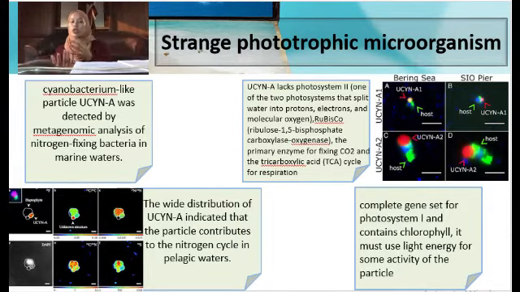The wide distribution of UCYN-A indicates that it contributes to the nitrogen cycle in pelagic water. UCYN-A actually undergoes photosynthesis 1, and it does not undergo photosynthesis 2. Photosynthesis 1 needs chlorophyll for the electron movement.